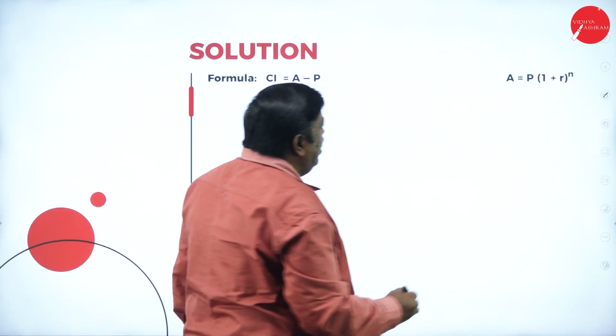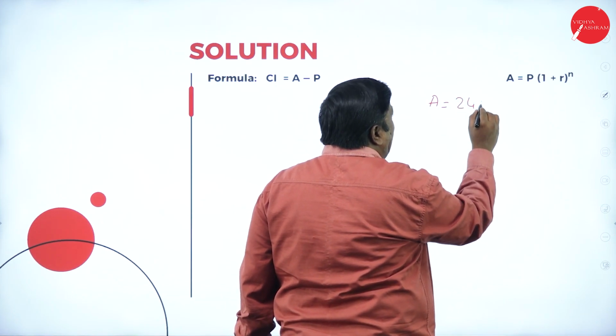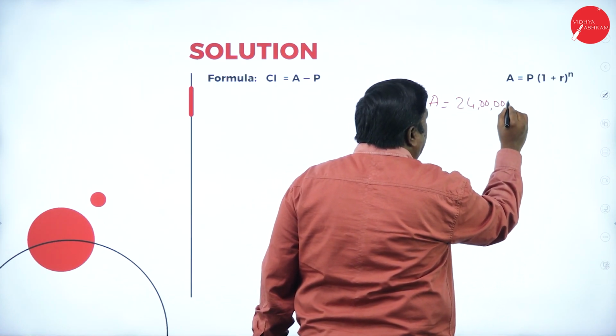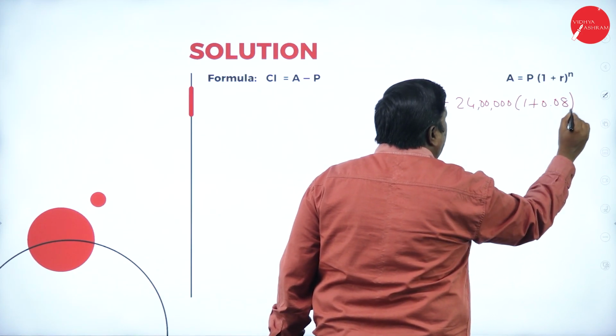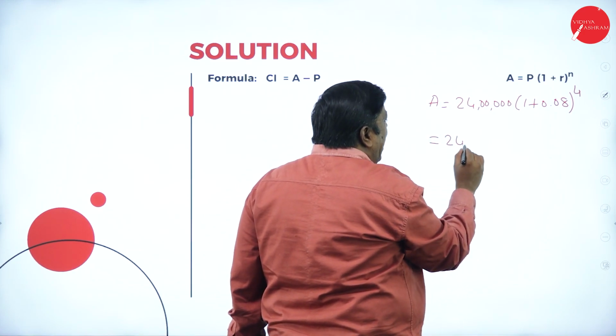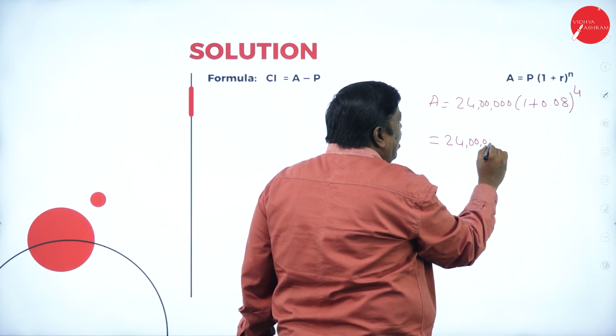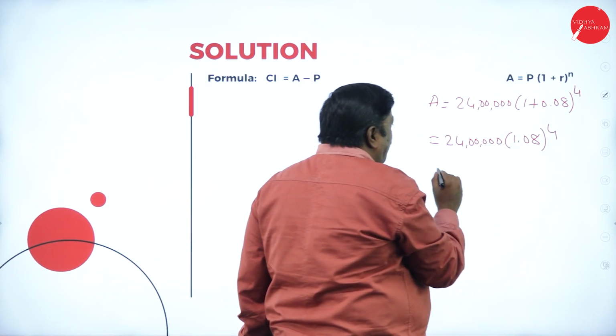So now annuity equals 24 lakhs into 1 plus 0.08 to the power of 4 years, 24 lakhs into 1.08 to the power of 4.